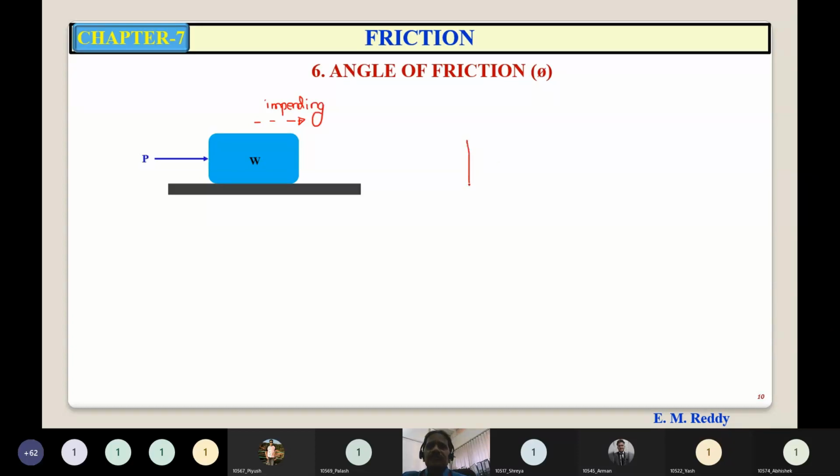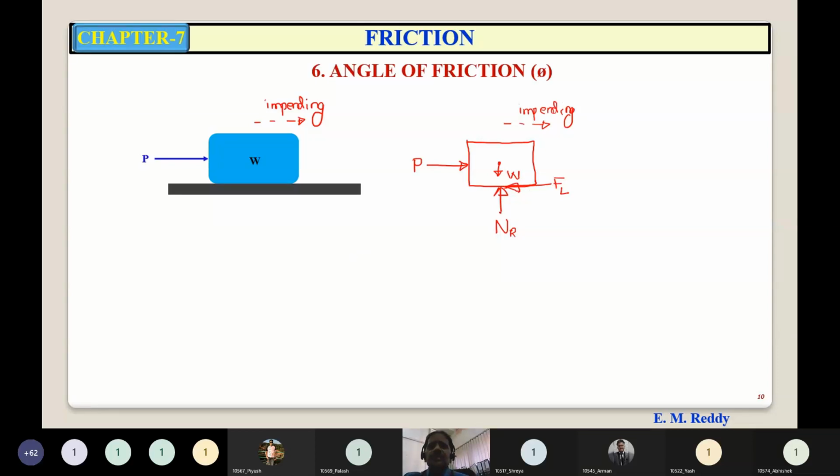Then if you draw a free body diagram, what are the forces acting on it? Self weight of the body vertically downwards, normal reaction offered by the surface, let us say NR, applied force P horizontally towards right. As the body is impending its motion, we have a limiting friction, say FL, in the opposite direction.